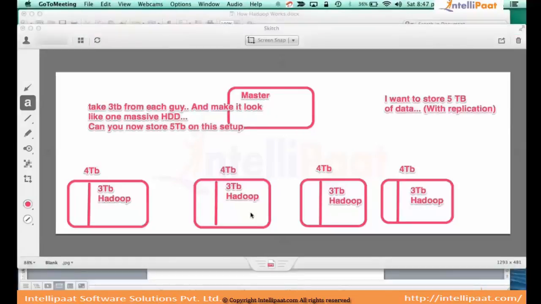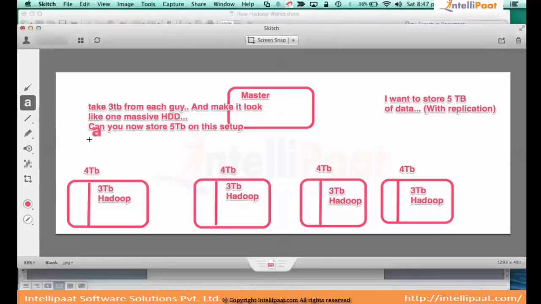Can I store 5 terabytes now? I can store 5 terabytes. How? Simply put, this master is told that this is like one hard disk, 3 plus 3 plus 3 plus 3. Now we have 12 terabytes, so you can store 5 terabytes.